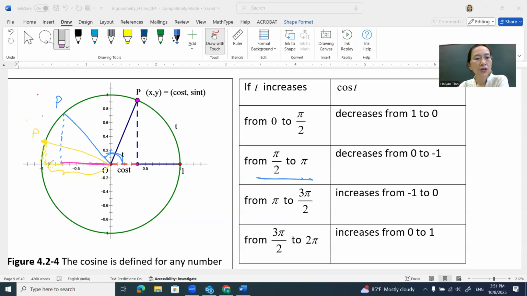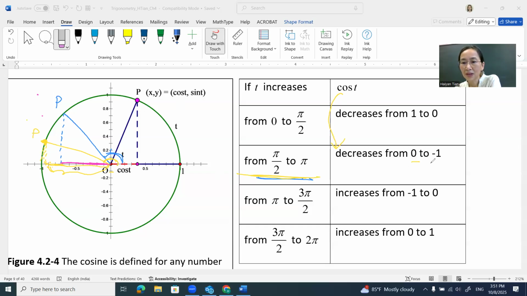So yes, that shows that t increases in this range. The larger the t, the more negative the cosine t. So the cosine t decreases.